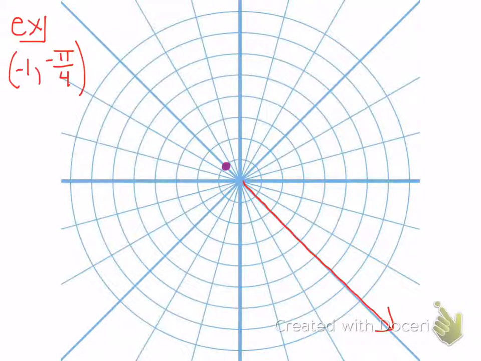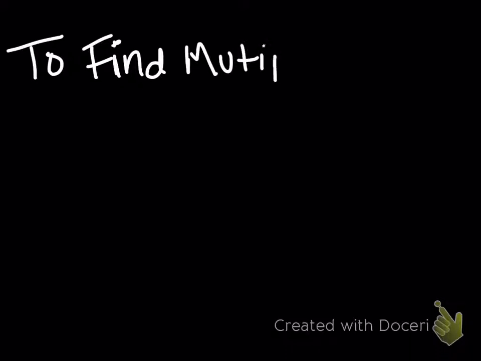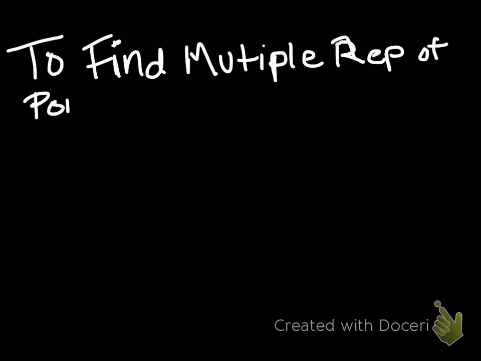Next thing I would like to go over is multiple representations of a coordinate. To find multiple representations of points, it's pretty basic.